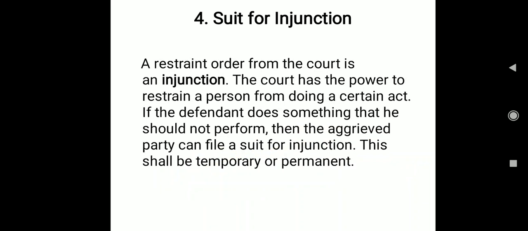Just suppose a particular actor has signed a contract with a particular director, saying that I will not sign any other movie until I complete the work of this particular movie with you. So in between that time, he or she shouldn't sign any other contract with any other director for any other movie. If this happens, definitely the director has a full right to file a suit for injunction. Okay, and this is going to be temporary or permanent, depending on what contract you have signed.